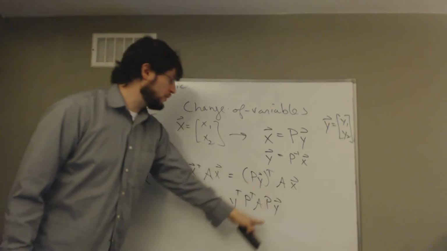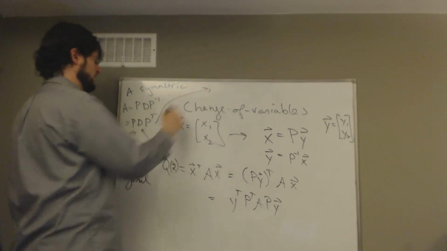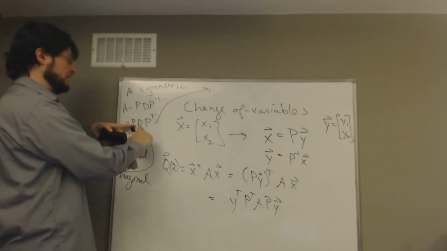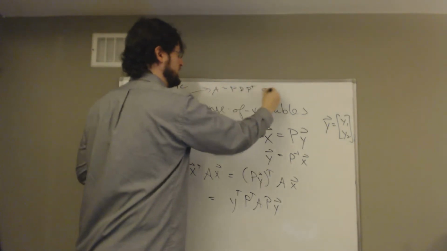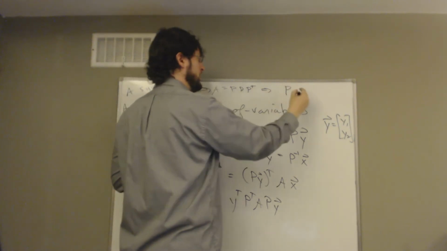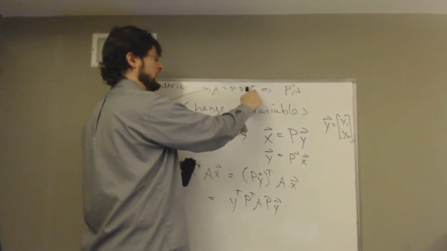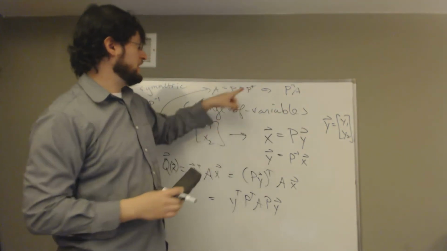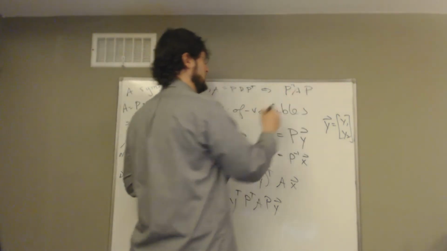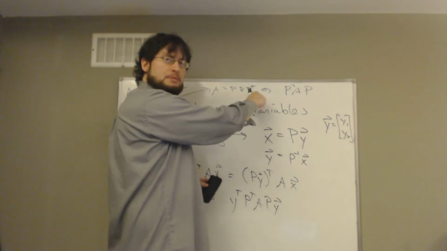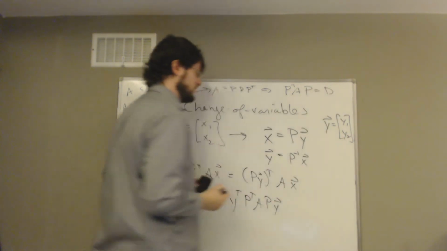Now what? Well, notice what we have: P transpose times A times P. That's exactly what I get if I take A equals PDP transpose and solve for D. By multiplying by P inverse on the left, remembering that P inverse is P transpose, and then by P on the right, because P transpose times P is the identity, since P transpose is P inverse, I'm going to get the matrix D back.